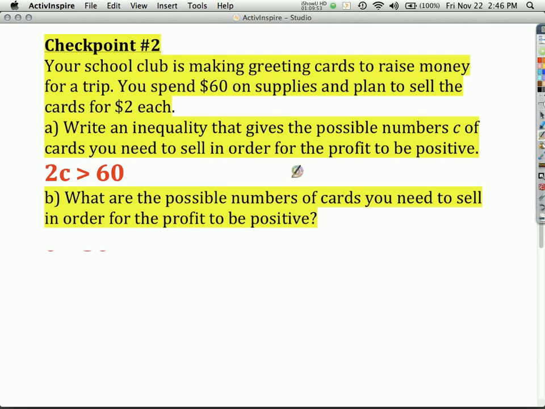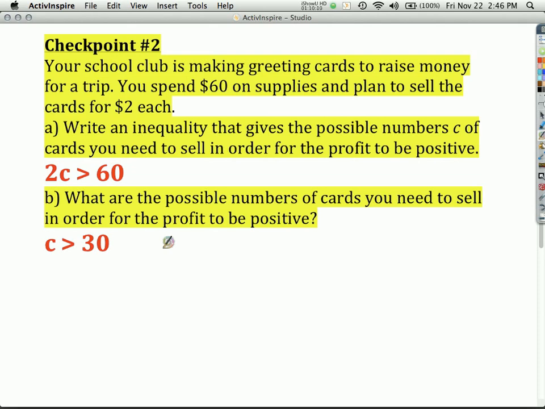Okay, so what I was looking for here is C is greater than 30. Now, Shelby, sounds like what you put would also make sense as well. So, did you put a solid dot on the 31 or an open dot on the 31?